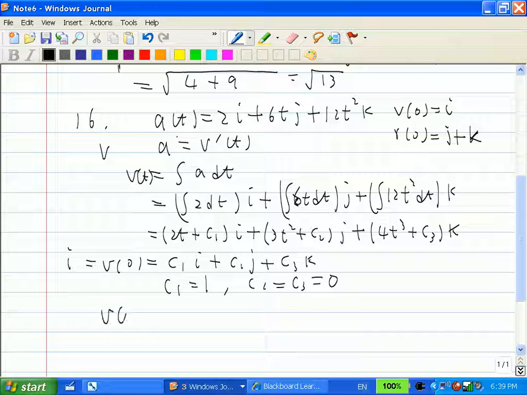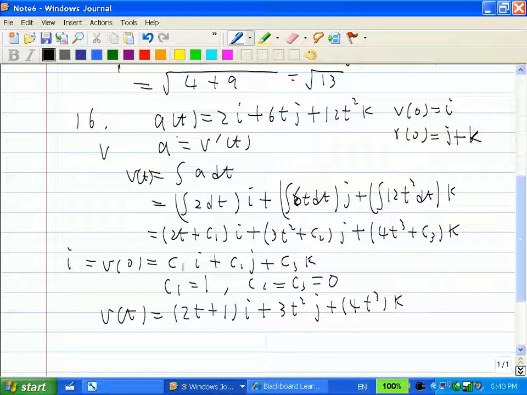Therefore, our v of t here is equal to (2t plus 1) i plus 3t squared j, because c2 is 0, plus 4t to the third plus 0, k. So we found the velocity.